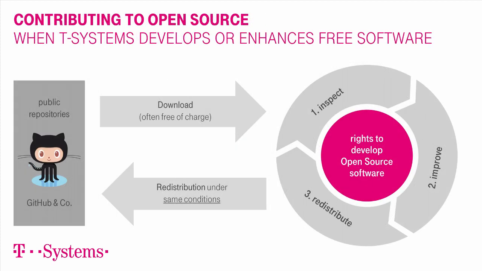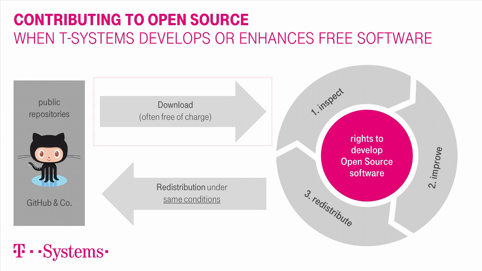It's slightly different if you plan to contribute to open source. So for example, when we at T-Systems develop or enhance free software, this is a multi-step process. So starting from the left-hand side, we have public repositories like GitHub, or there are several others as well.